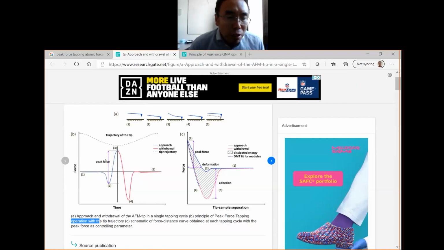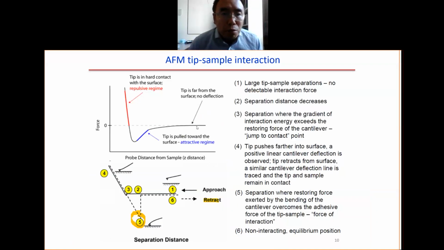But this peak force is well controlled. This way, you make sure that you will not touch the sample too hard. This is good for measuring soft materials and also measuring in liquid. Effectively, you do the force measurement at every pixel. This way you can control the force, so you will not damage the sample. Thank you.